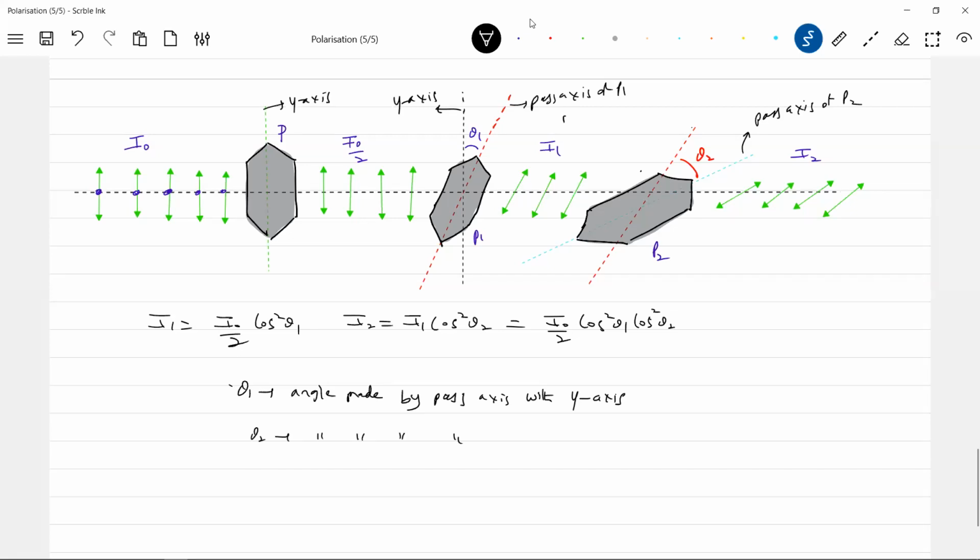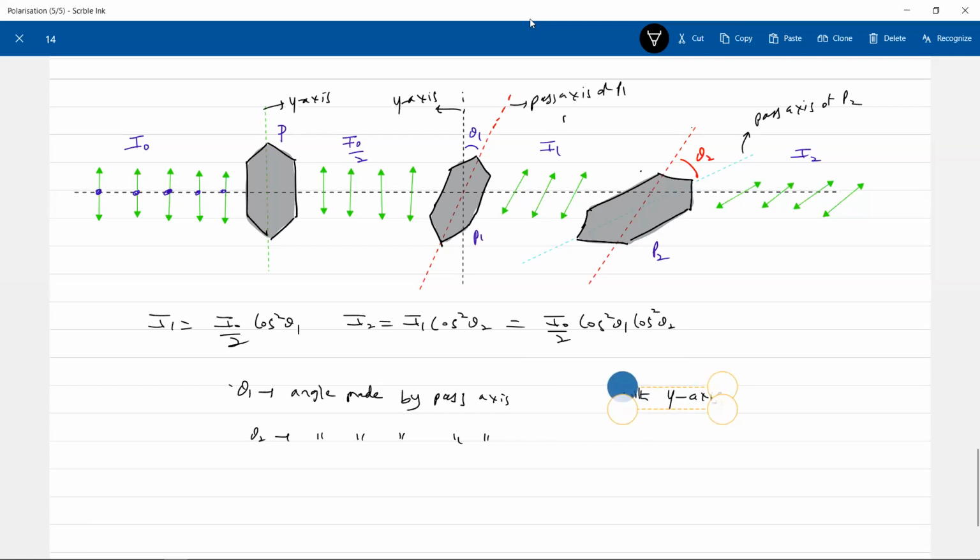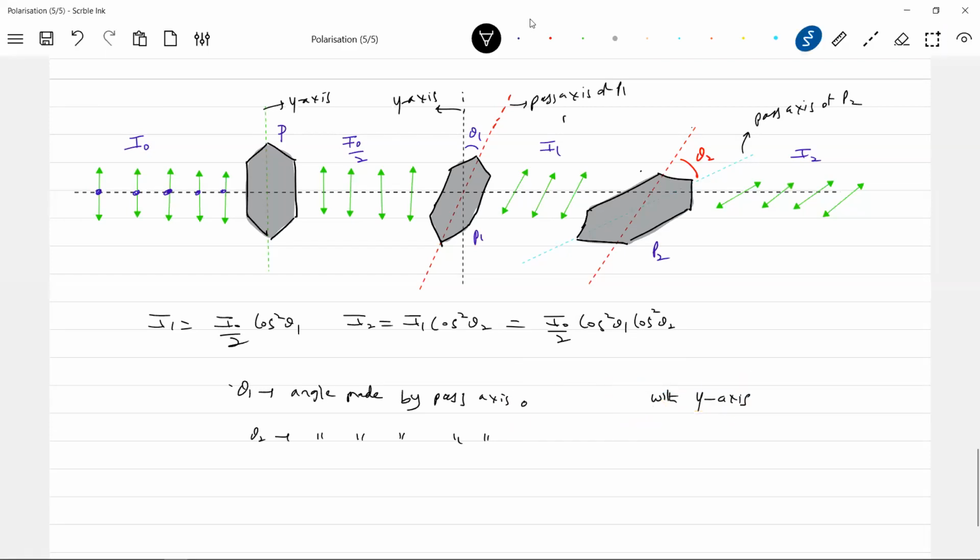The angle made by the pass axis of polarizer P2 with the pass axis of P1. Okay, got the idea now.